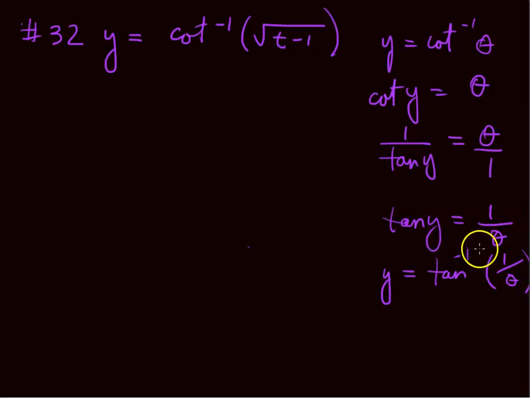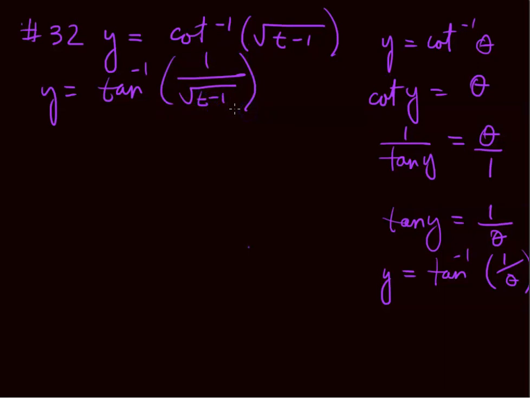So it's important to recognize, if y is the inverse cotangent of an angle, it is not 1 over the inverse tangent, it's the inverse tangent of 1 over. You're taking the reciprocal of the wrong place. So this is really the inverse tangent of 1 over the square root of t minus 1.